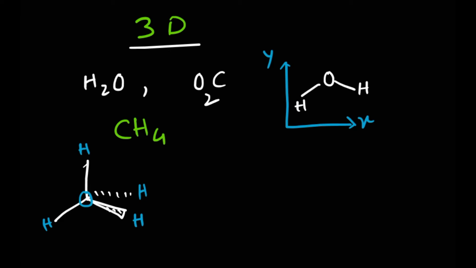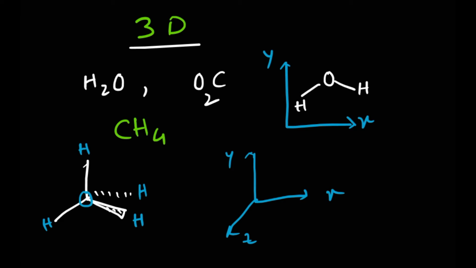So to represent this molecule we need a 3D form. I mean, three axes are needed to represent the structure of this compound. So here if we draw, it will be x, y and z. These three axes are needed to represent the position of this molecule.